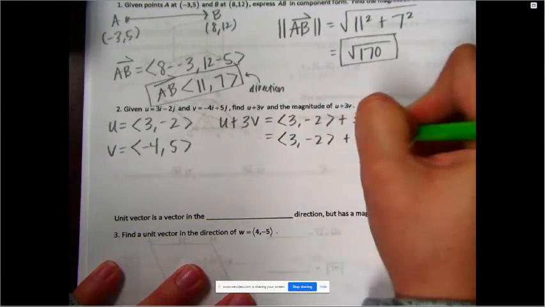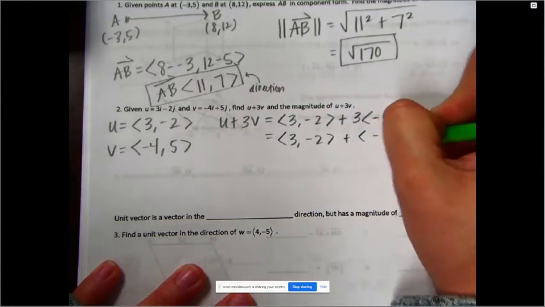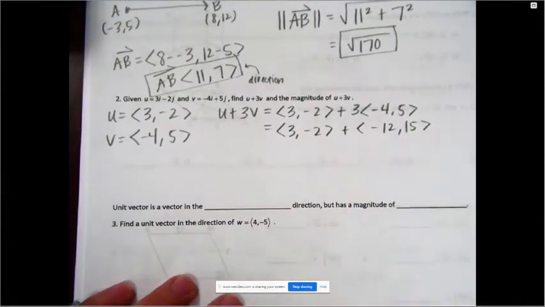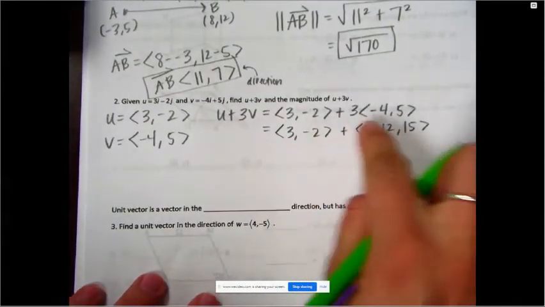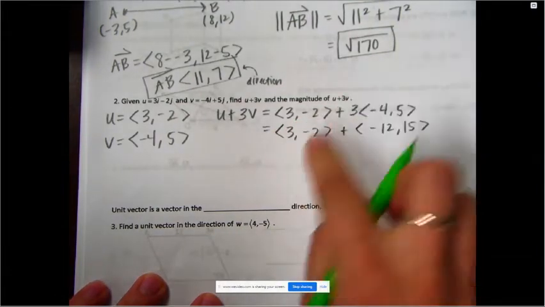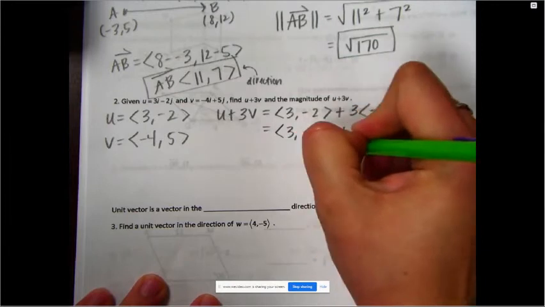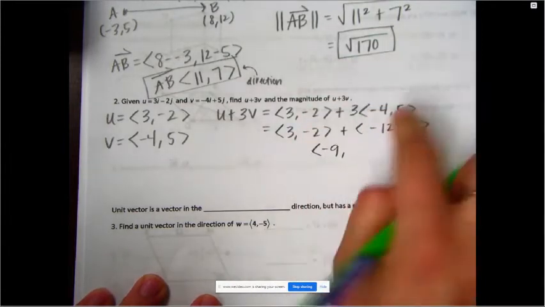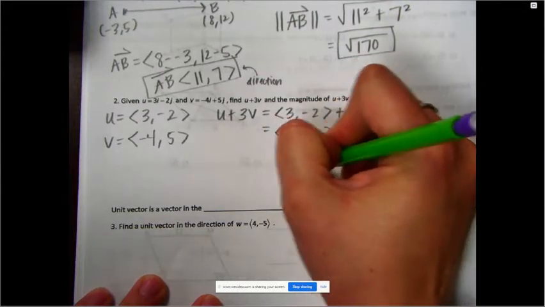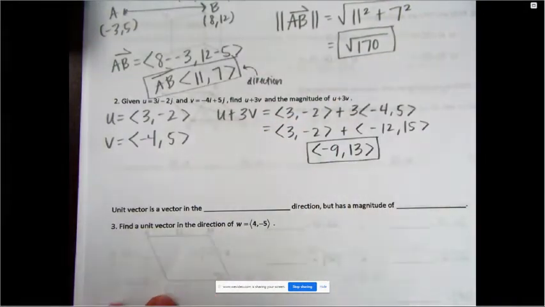So that'll be negative 12, 15. Now, when you add two vectors together, we're going to add x plus x and y plus y. So 3 plus negative 12 will give us negative 9. Negative 2 plus 15 is 13. So here is u plus 3v.